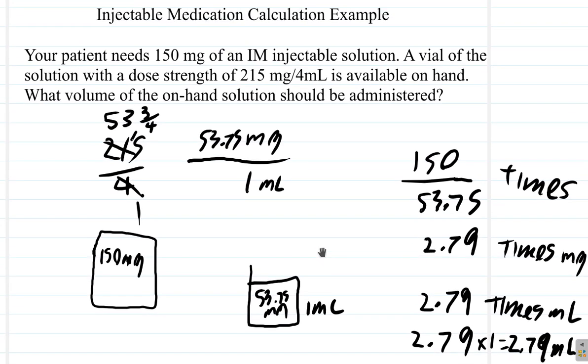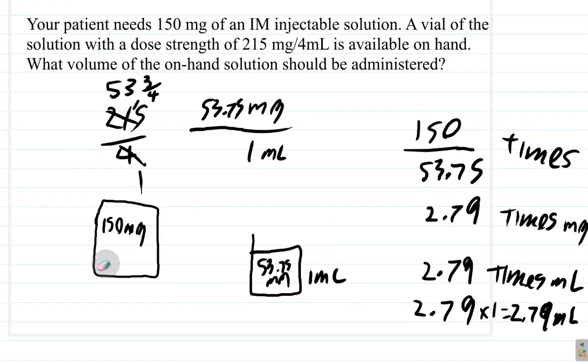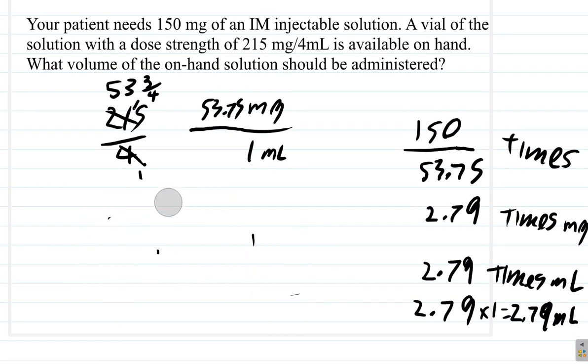Now, another way you can look at this, suppose you just use ratio. And let us keep the 53.75 milligrams. It's a bit less stressful on the brain when you can look at how many milligrams out of 1 milliliter rather than how many milligrams out of 4 milliliters.